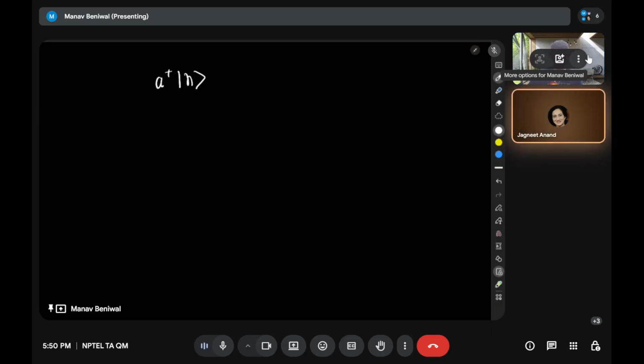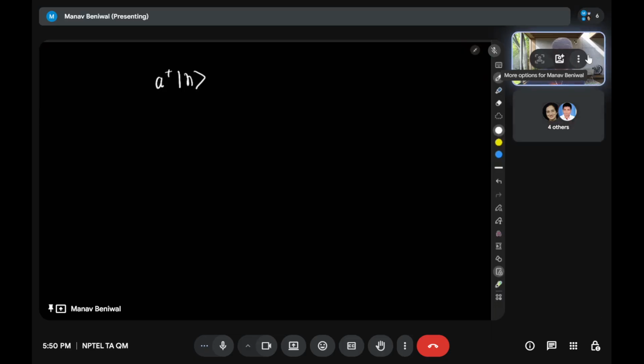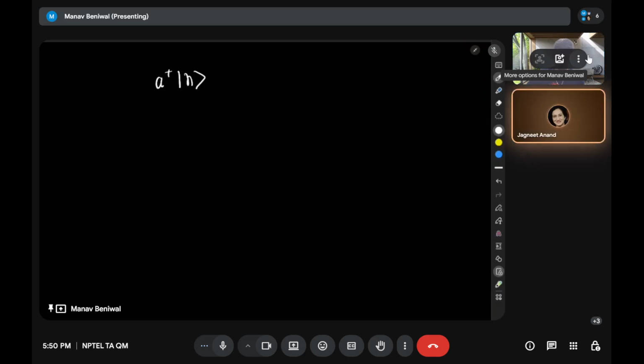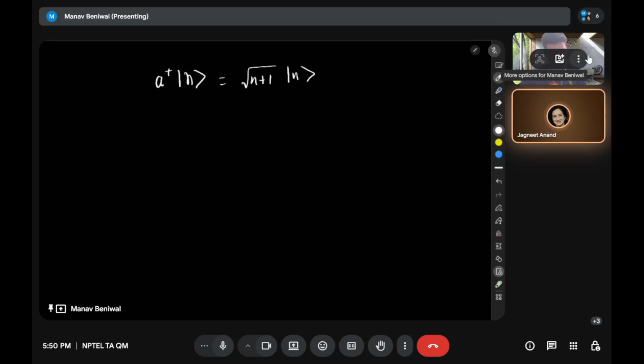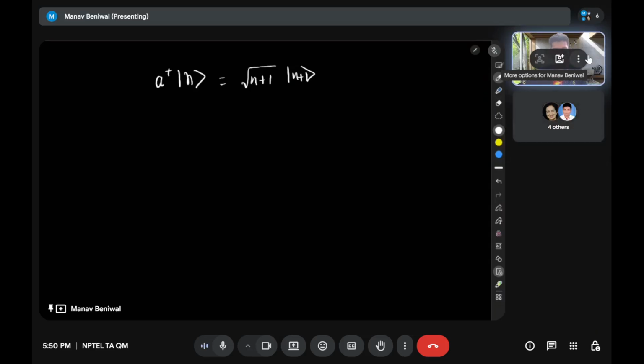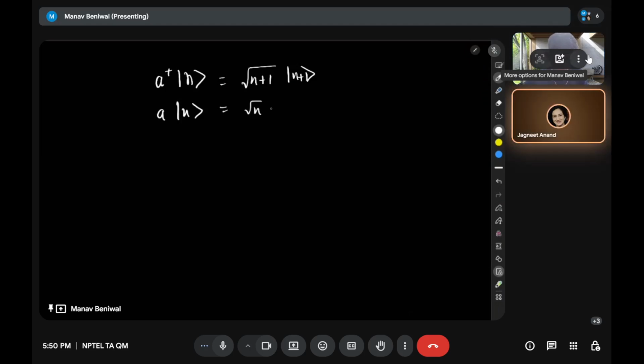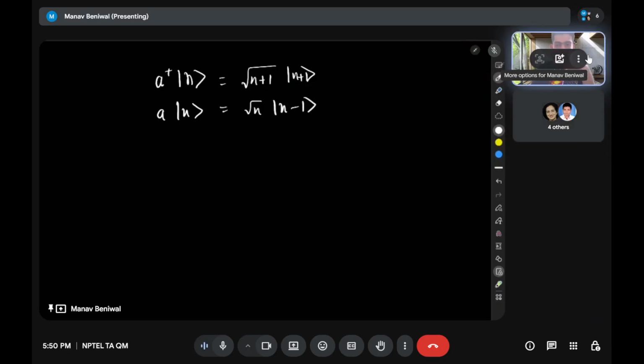What will we get? We'll get the square root of n plus 1 times the n plus 1 eigenstate. And similarly for the lowering operator, this will be the square root of n times the n minus 1 state. So what is your doubt then?